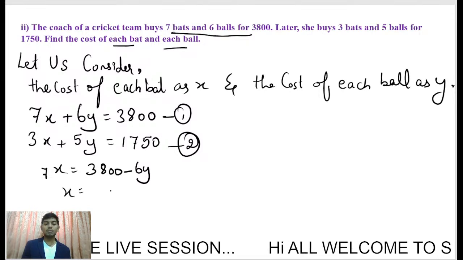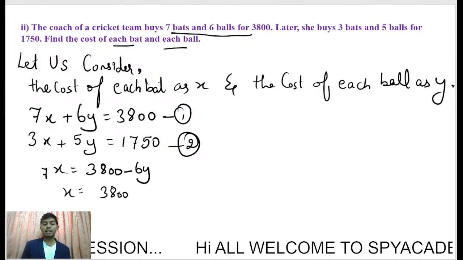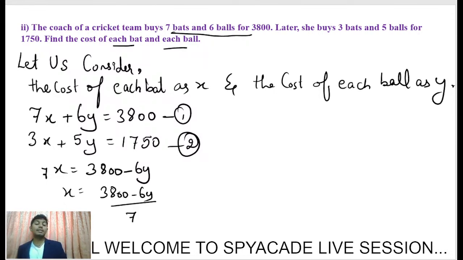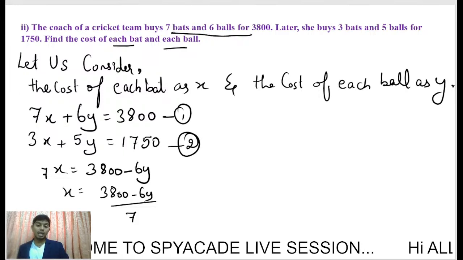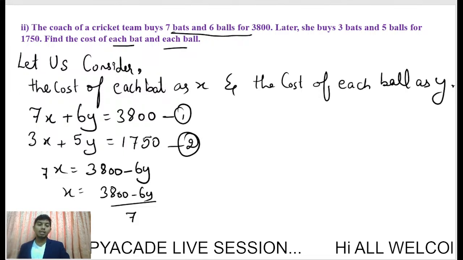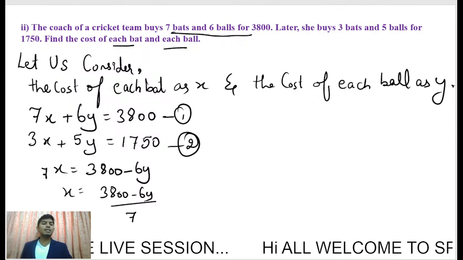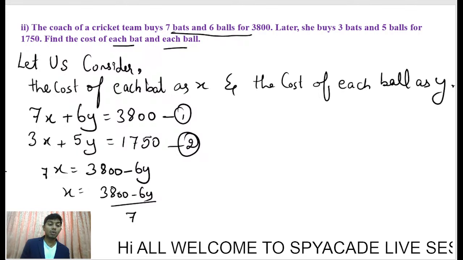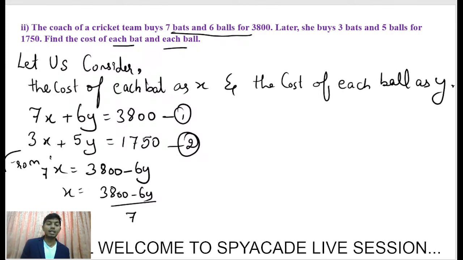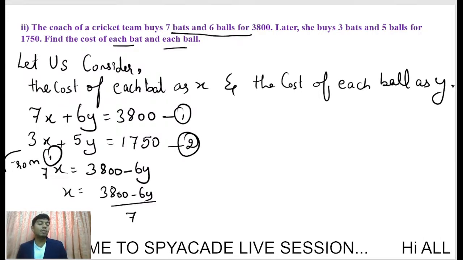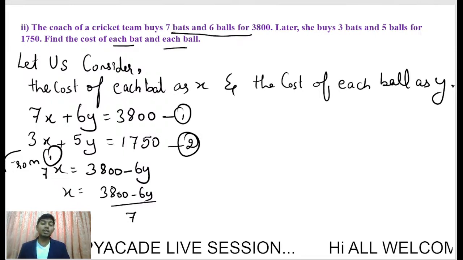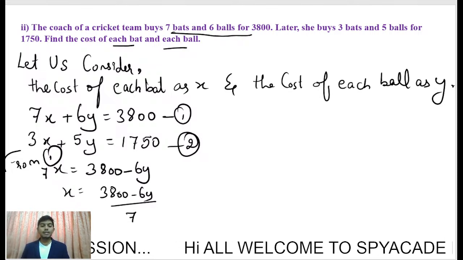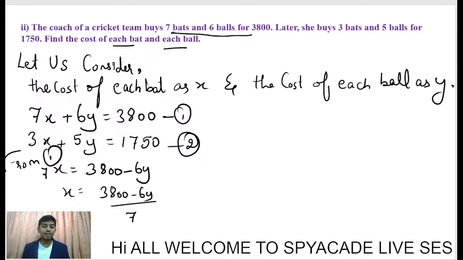So x is equal to 3800 minus 6y divided by 7. This is going to be the value of x. You have to write that it is from the first equation.